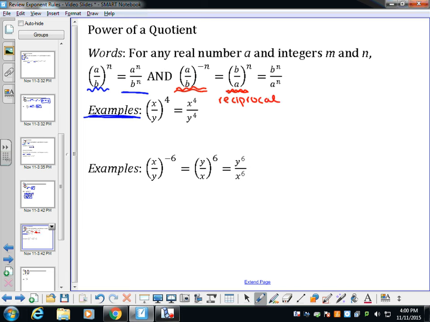Then we can apply the previous rule that we just talked about. So in the second example, I have x over y raised to the negative 6. I don't want to deal with this negative 6, so I take the reciprocal, and it becomes y over x to the positive 6, which is really just y to the 6 over x to the 6.